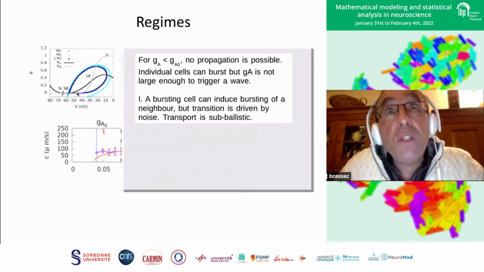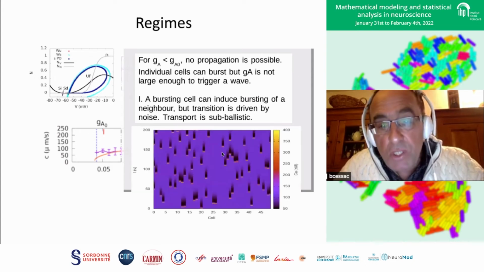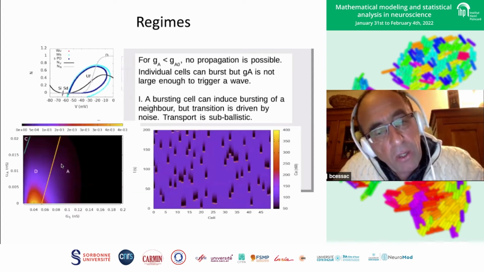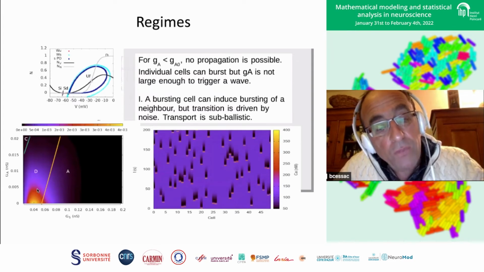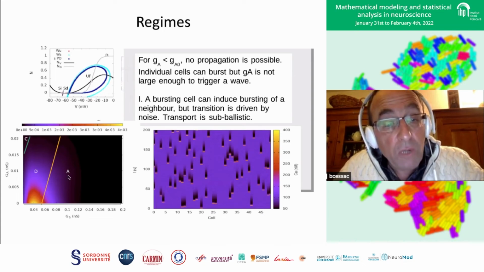If you modify the parameter a bit, you modify this distance, so you increase the probability to trigger a burst by noise. So this is this regime, and here this is a color map of the conditional probability of cell occupancy in this plane, conditioned upon the fact that you are bursting.